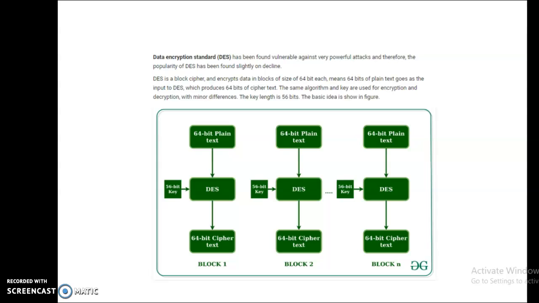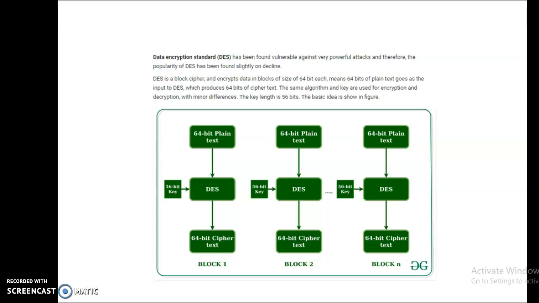DES is a block cipher algorithm, that is, the bits are not encrypted singly one by one. Instead, they are encrypted as a complete block, and the block is of size 64 bits. That means 64 bits of plain text are given as input to DES. The DES has a 56-bit key, and it converts the given plain text to 64 bits of cipher text.